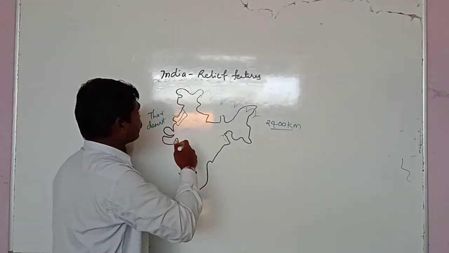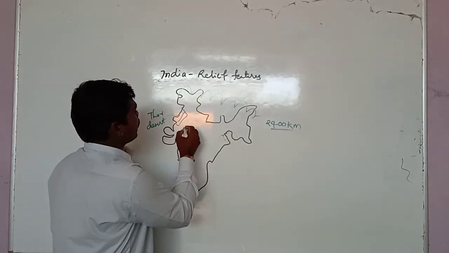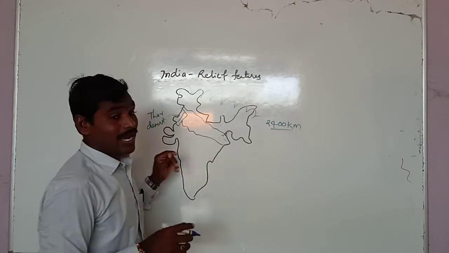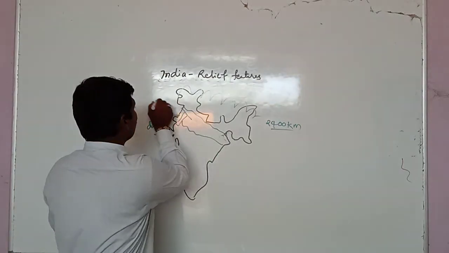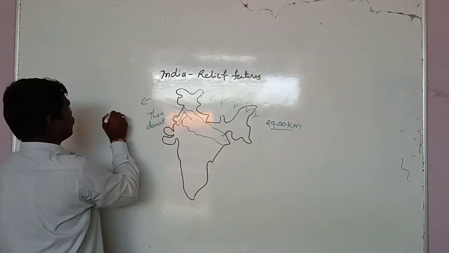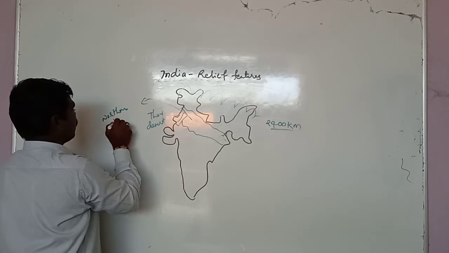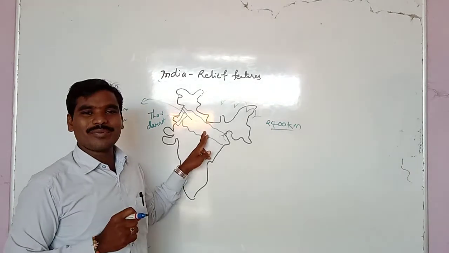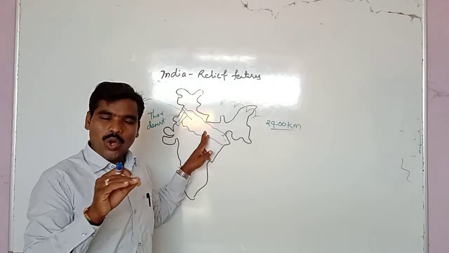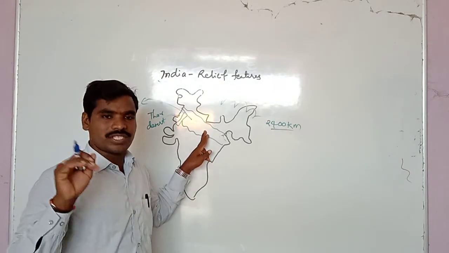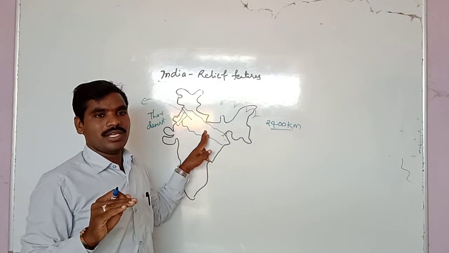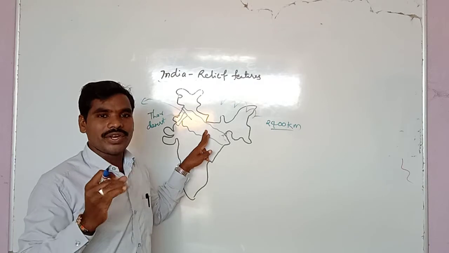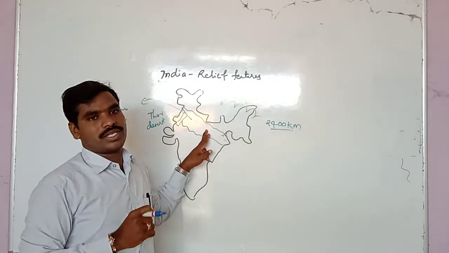And the next relief feature is the northern plains. Before that, what is called a plain? A lowland with a smooth surface is called a plain. Generally, plains are created by river water or ocean water.